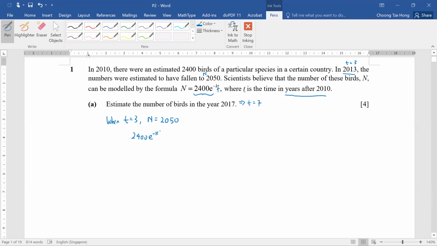Now I'm going to substitute t equals 3 inside and equate to 2050. Now all we need to do is solve this exponential equation, and then we will be able to find k. So we'll divide the 2400 to the right side. Over here we have e to the power of negative 3k equals 2050 over 2400.